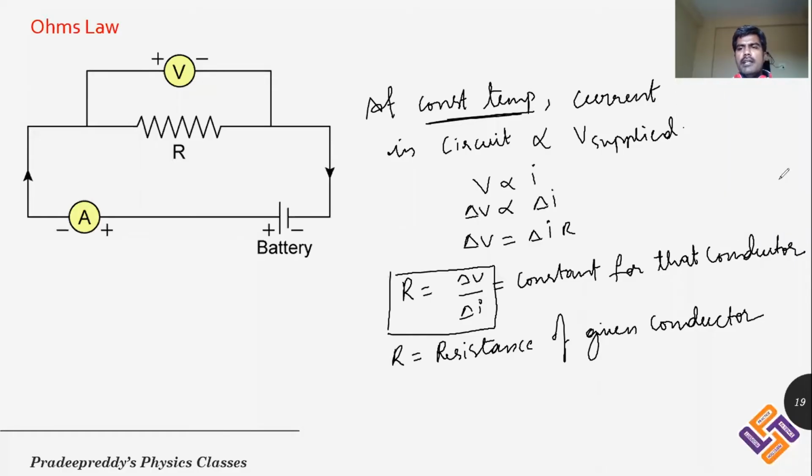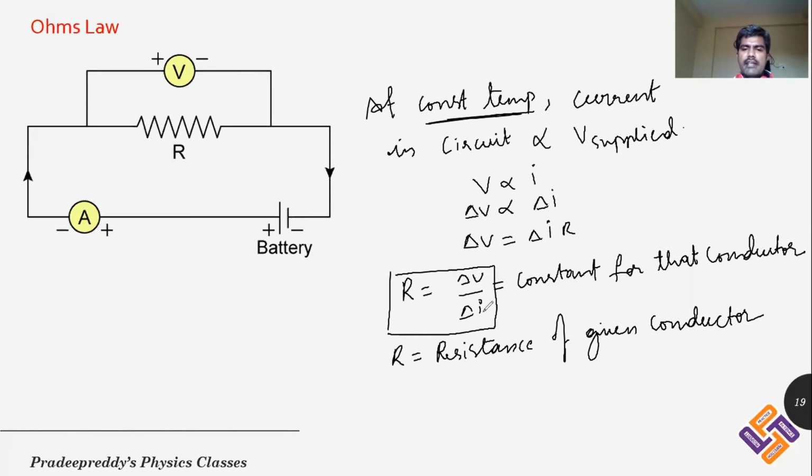So we have learnt about Ohm's law, and the basic definition is with an exception. Remember that it will be working out only if the temperature of the system or temperature of the conductor remained the same. So at constant temperature, current in the circuit is directly proportional to supplied voltage. And from there we have got the equation for resistance.